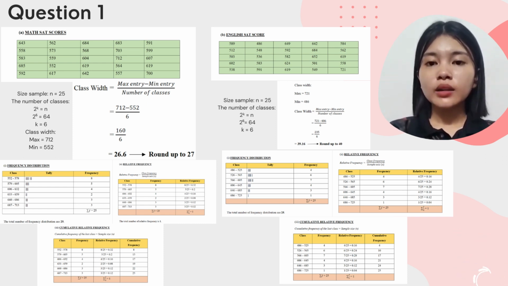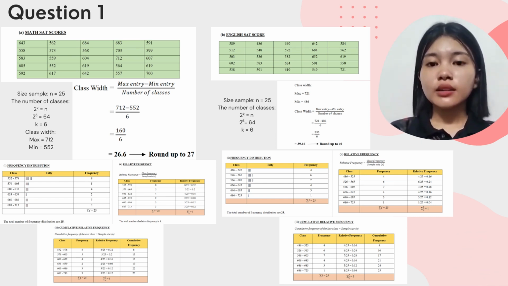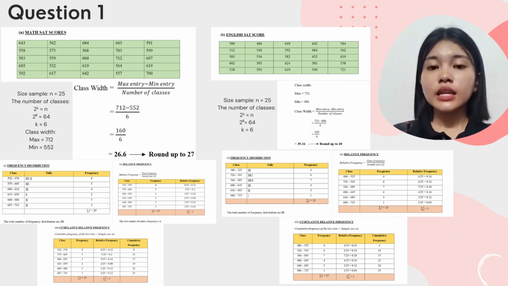To sum up, the recommended number of classes is 6. Class width, the formula is max entry minus min entry divided by number of classes. So 712 minus 552 divided by 6 equals 26.6, round up to 27.